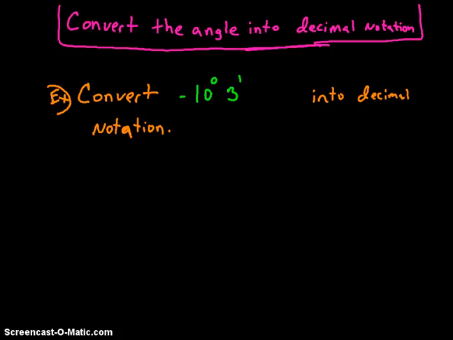Convert -10 degrees, 3 minutes into decimal notation. Basically, you don't have any seconds. That's fine. You just rewrite it with no seconds. So it's going to wind up being -10 plus 3 times 1/60, which is -10 plus 3/60.